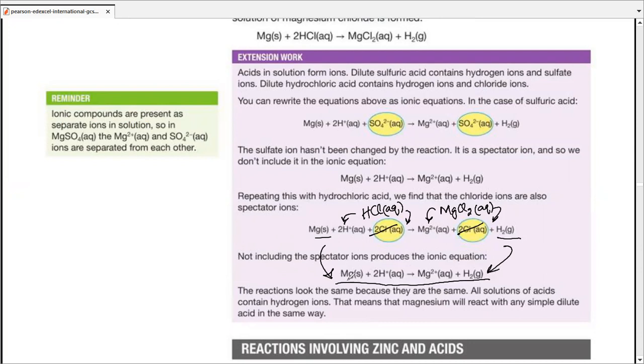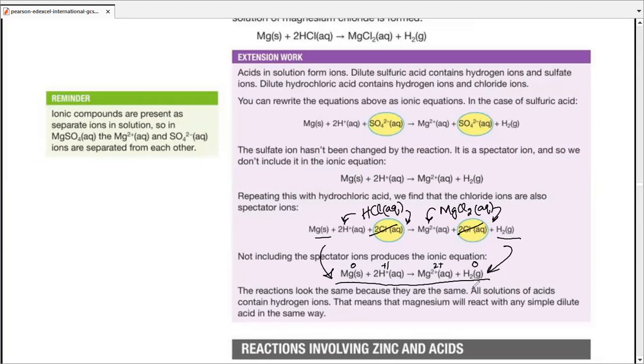Take a look. Magnesium was present in its original state as a solid with zero oxidation state on the left-hand side, but magnesium is present as a positive 2 ion on the right-hand side. So this method allows us to safely say that magnesium got oxidized in the reaction. Hydrogen has a +1 charge on the left-hand side, while hydrogen present in its native gaseous state has a zero oxidation state on the right-hand side.